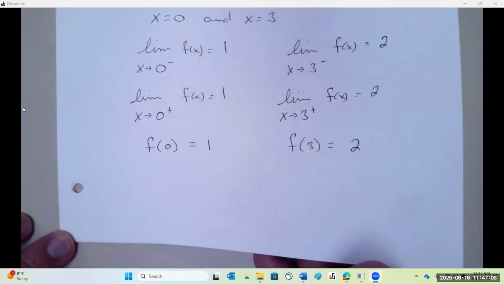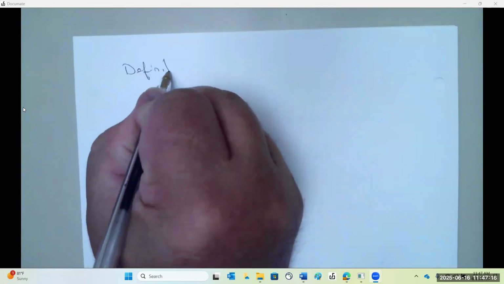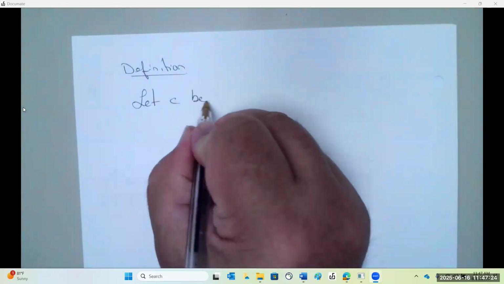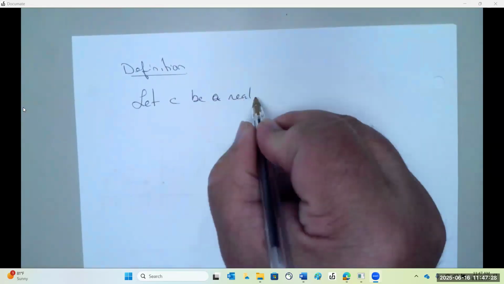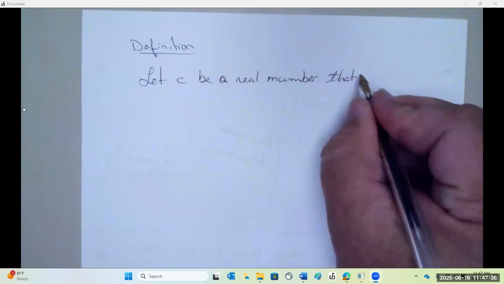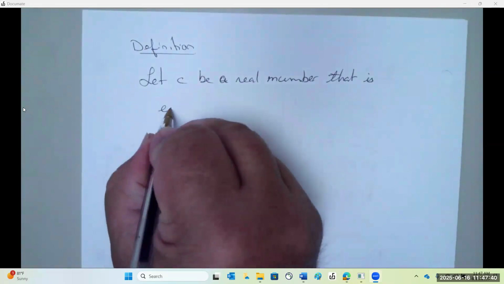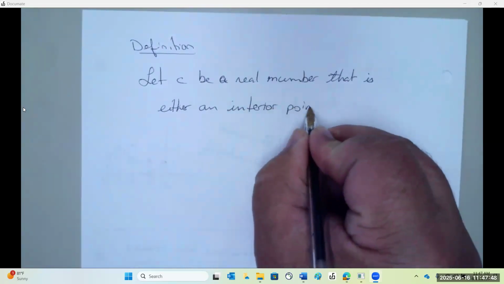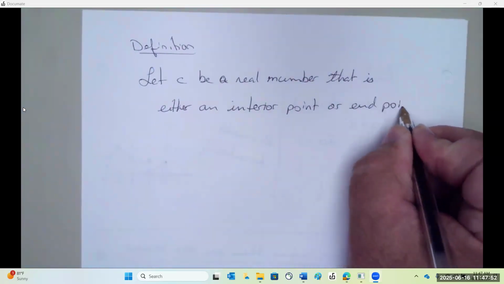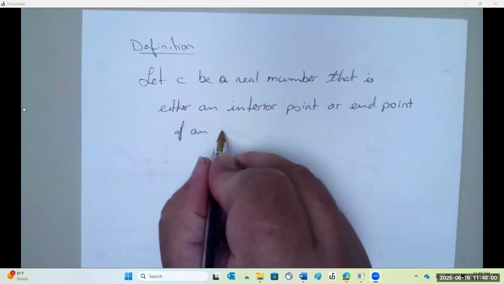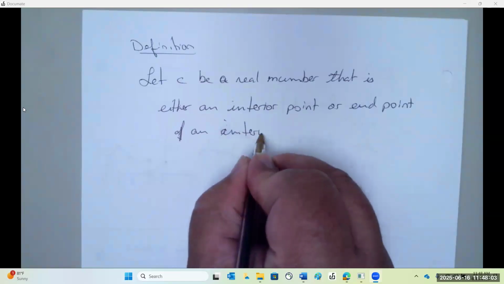So let's look at the formal definition. Let c be a real number that is either an interior point or endpoint of an interval.